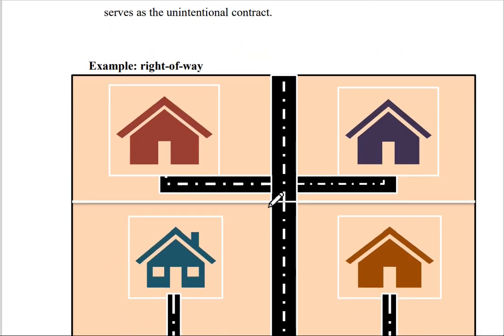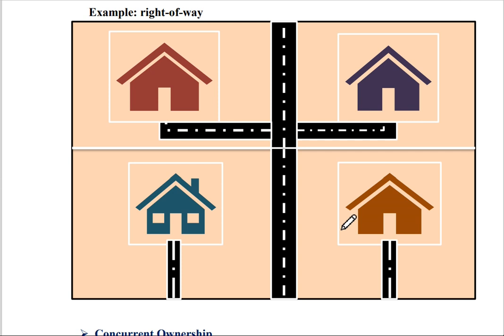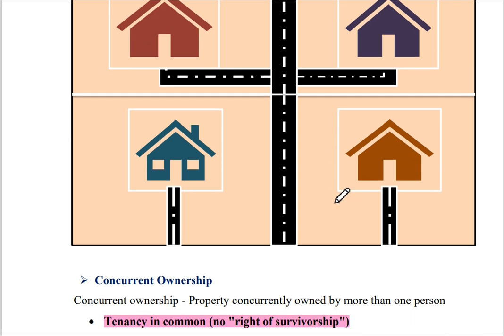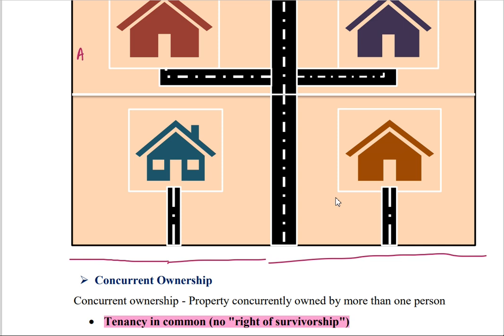So let's understand the right of way easements, right? Let's say there was a particular main road here. Okay, main road goes like this, and this is the property of, let's say, A, this is the property of B, this is the property of C, and this is the property of D. Let's say A has been using the property of C for basically accessing the main road.